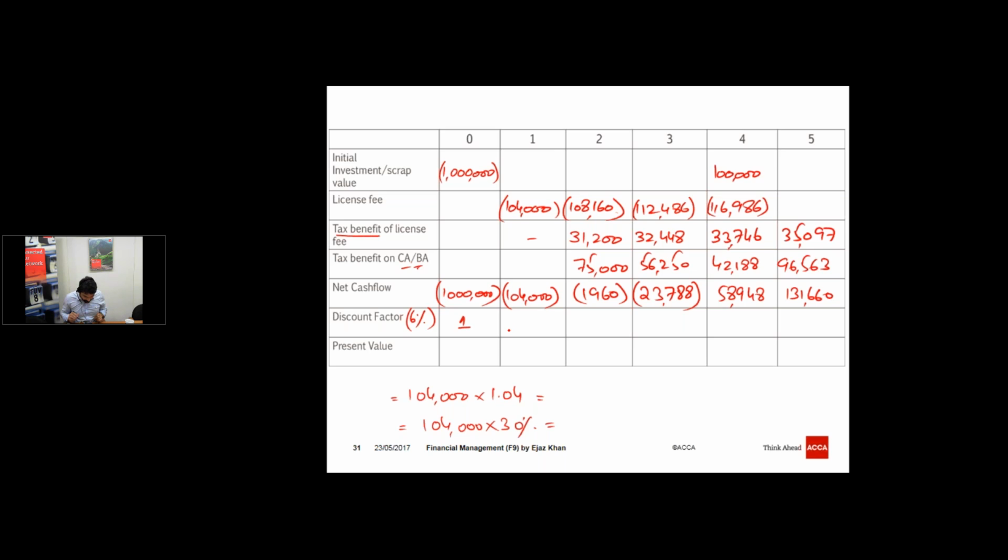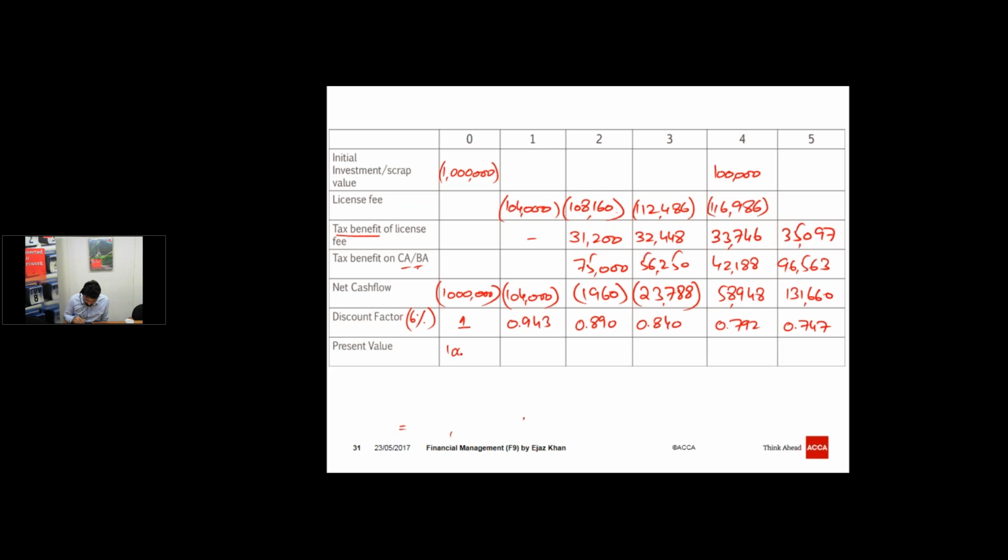Discount factors for year 1, 0.943. Thank you, Sarah. 0.890, 0.840, 0.792, and 0.747. Okay, now tell me the present values. Just calculate the present values.